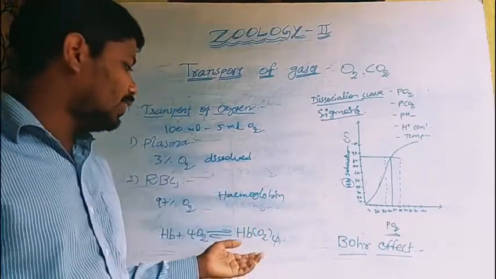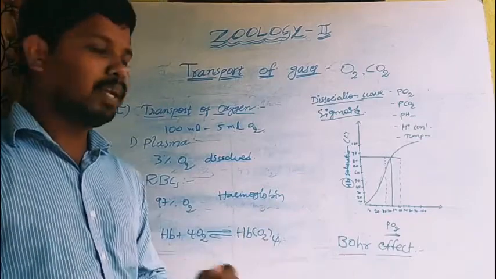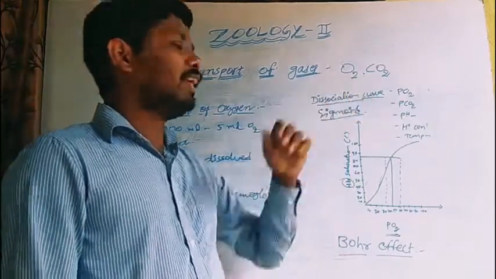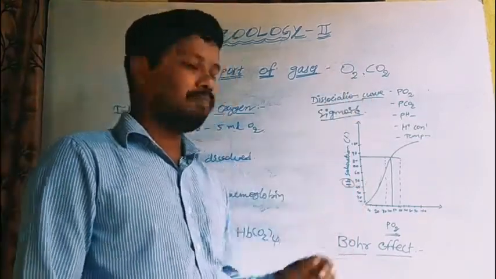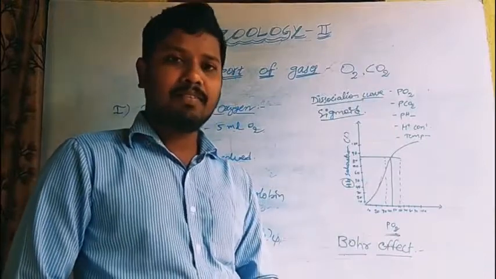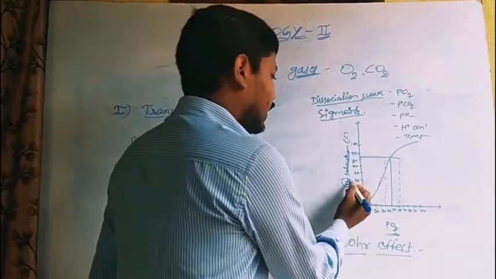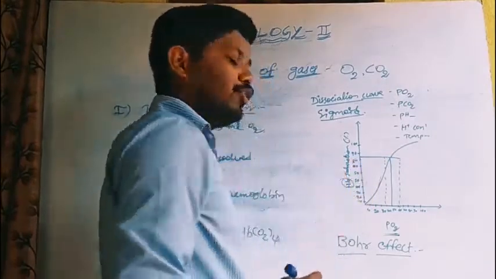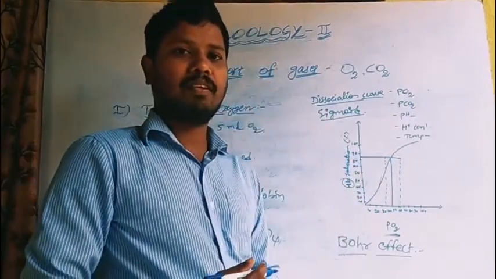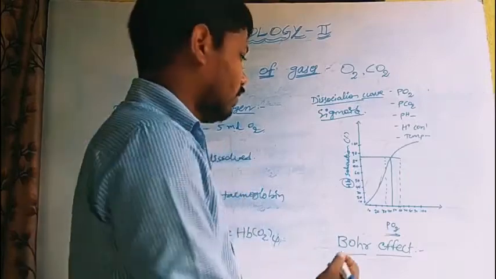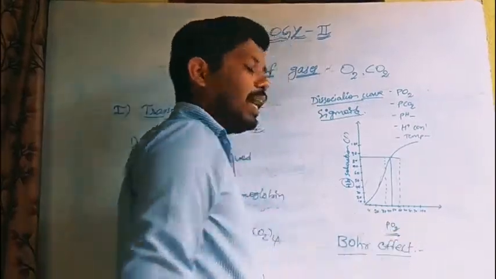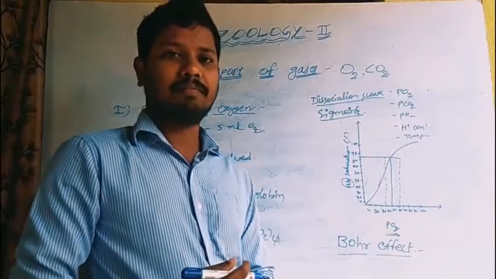So this dissociation process is explained by the oxyhemoglobin dissociation curve. It explains the relationship between the percentage of hemoglobin saturation and partial pressure of oxygen.